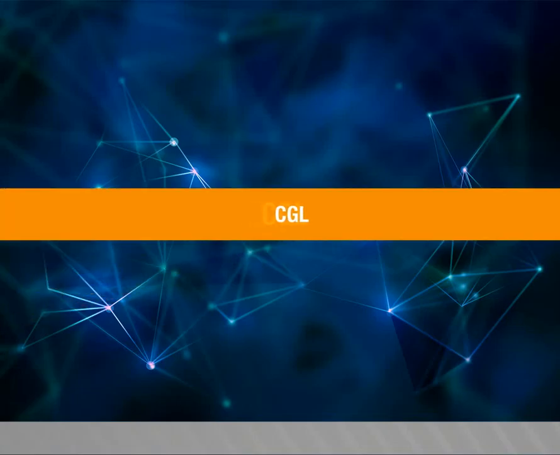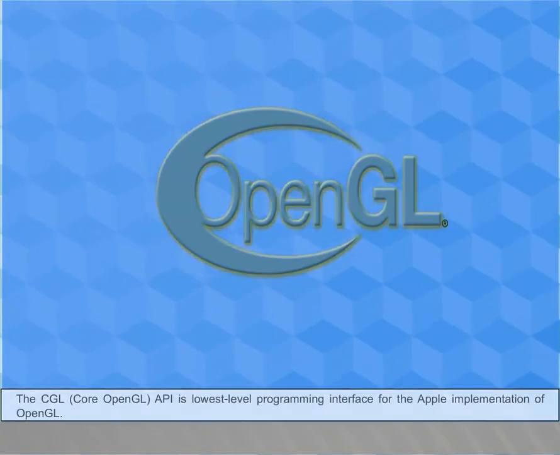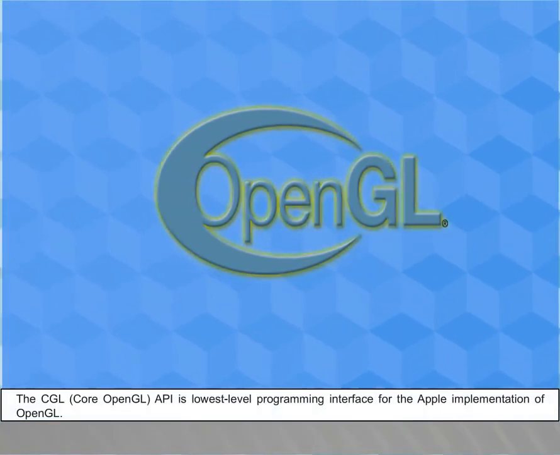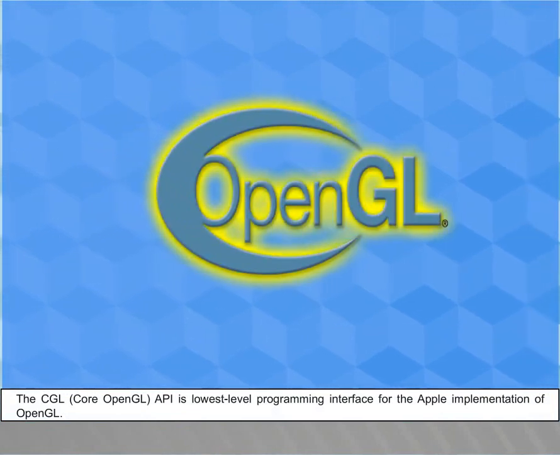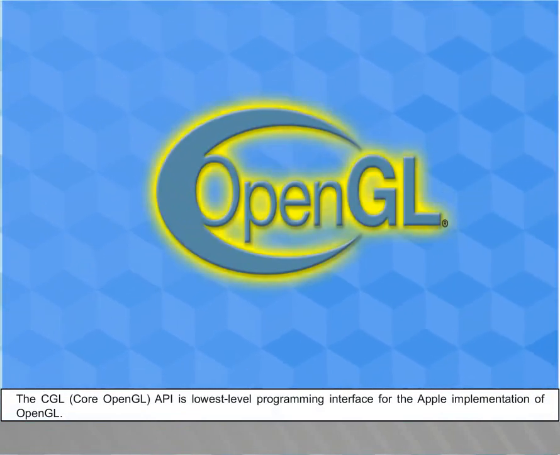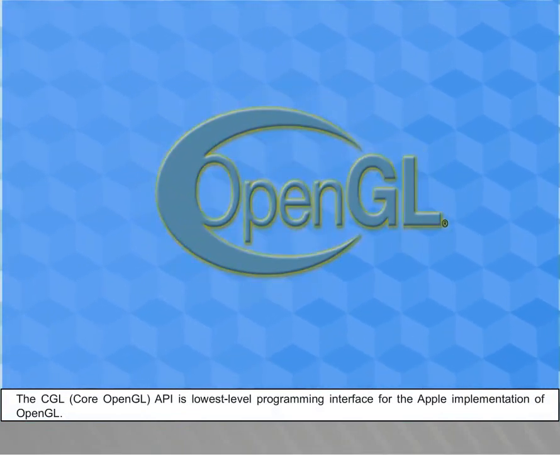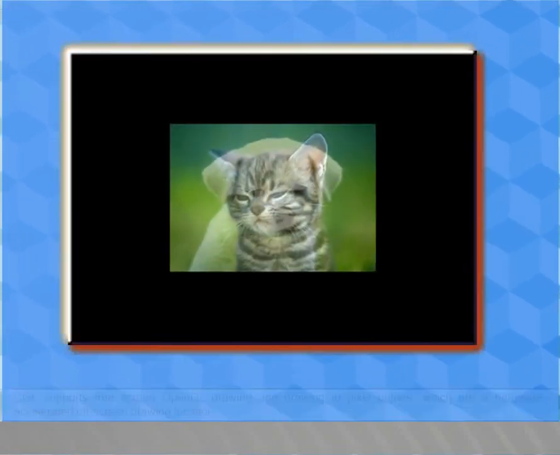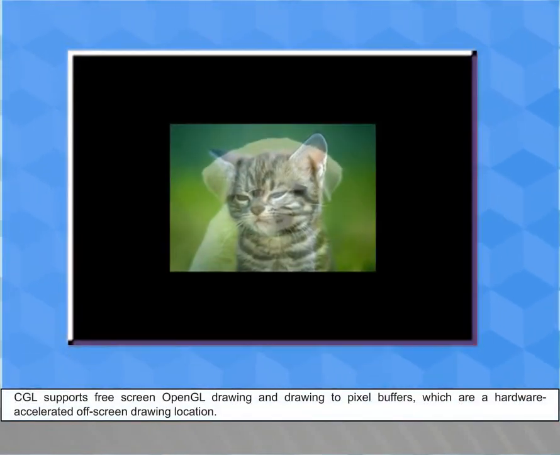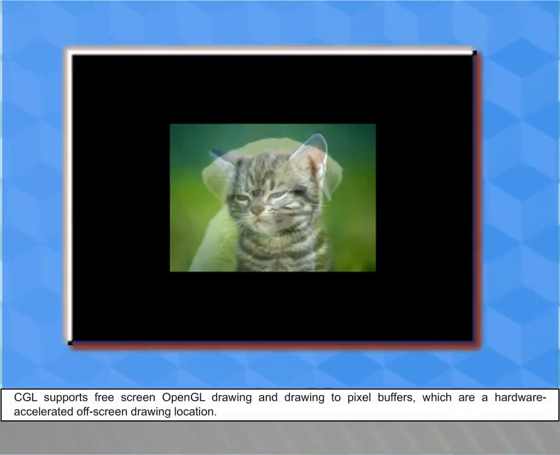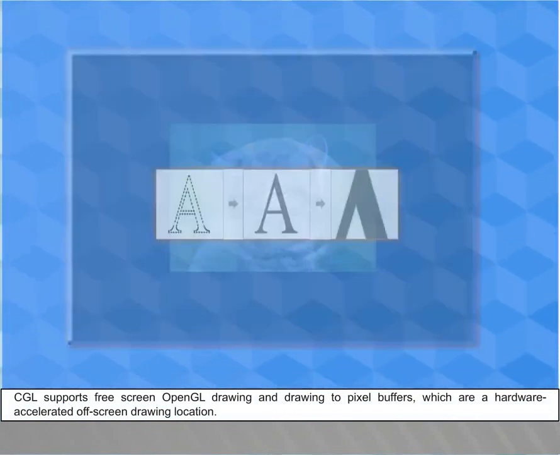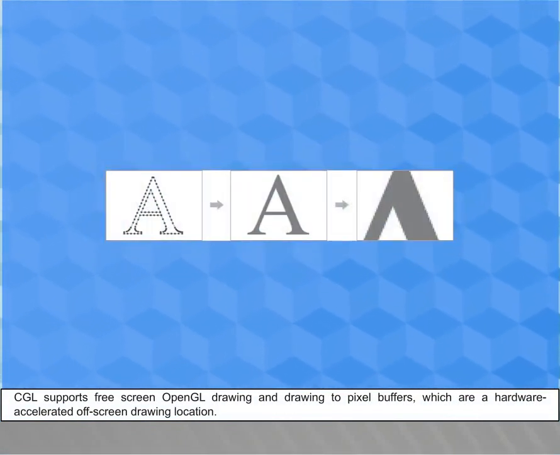CGL. In this video, we are going to learn about CGL. CGL, that is Core OpenGL API, is the lowest level programming interface for the Apple implementation of OpenGL. CGL supports full screen OpenGL drawing and drawing to pixel buffers, which are a hardware accelerated off-screen drawing location.